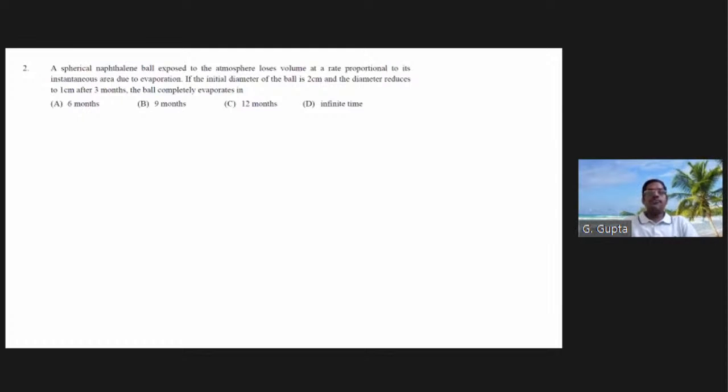If the initial diameter of the ball is 2 cm, and the diameter reduces to 1 cm after 3 months, the ball completely evaporates in, with 4 options A, B, C, D given. So this is an application oriented problem. Solution.